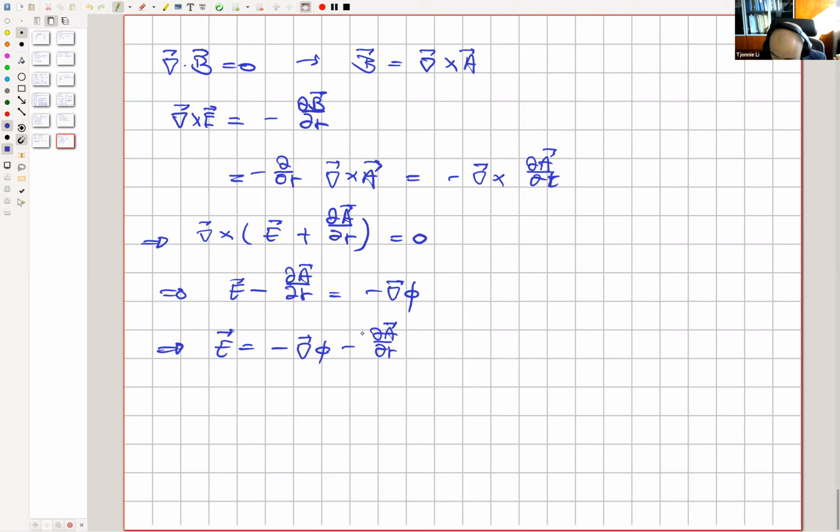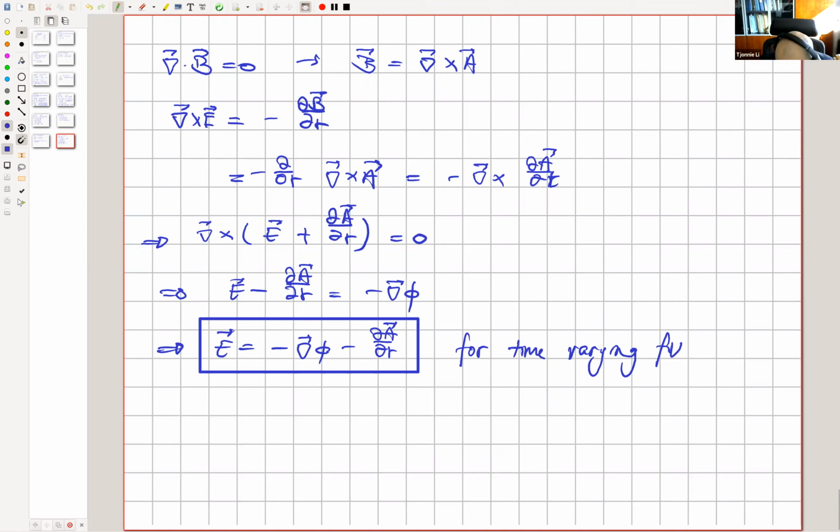So indeed, what we have is that for time varying fields, E is no longer just the negative of the gradient of phi, but there's also a time-dependent component of the vector potential.